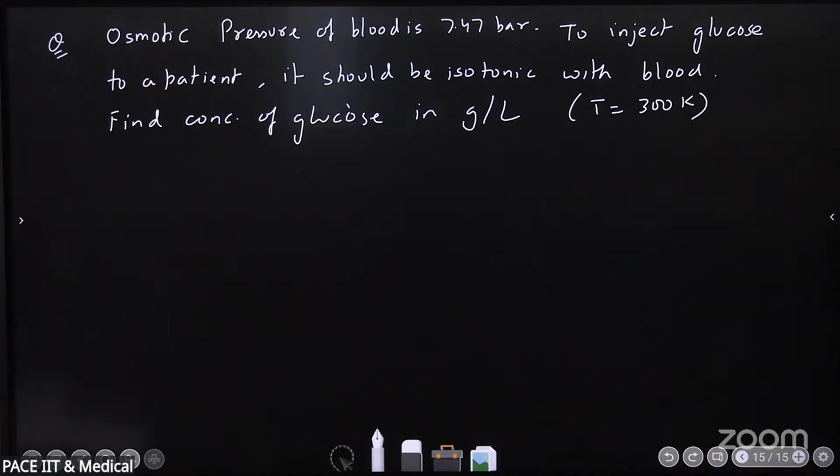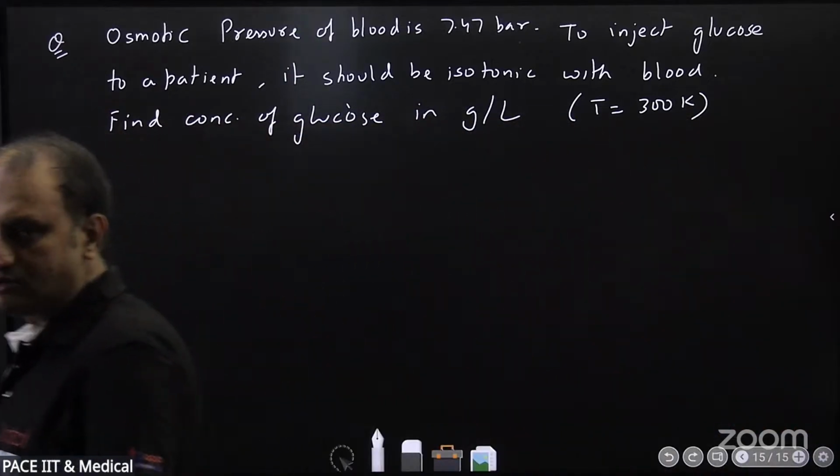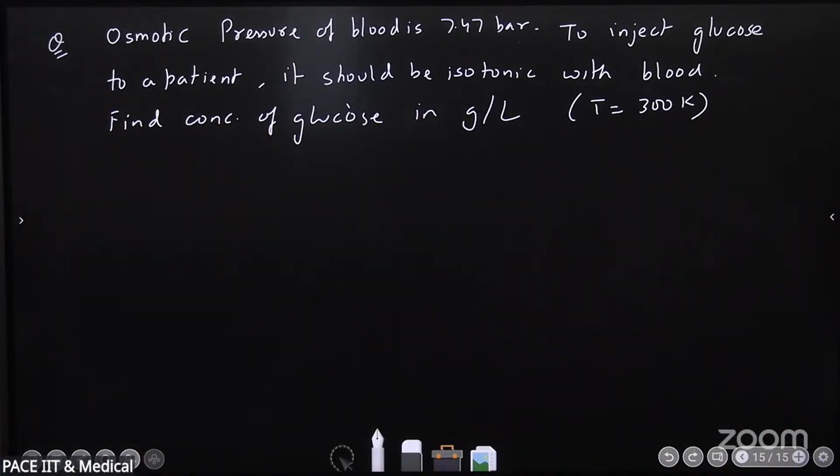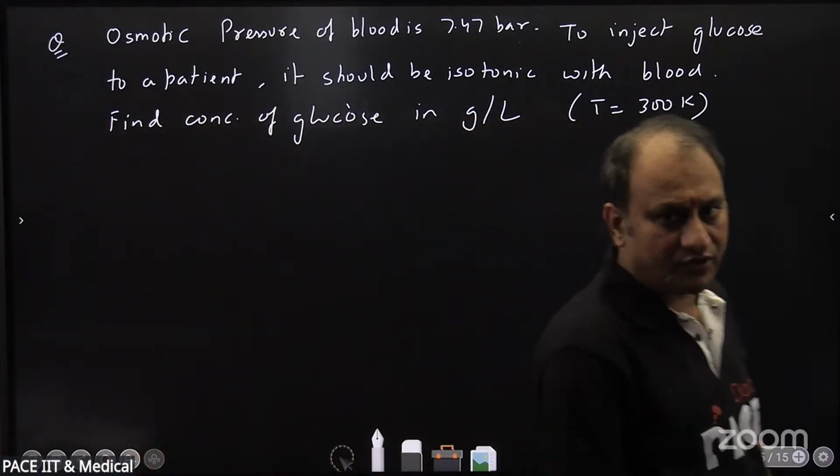Can we do this problem? Now here we need a solution of glucose which is isotonic with blood, meaning their osmotic pressure has to be the same. Osmotic pressure of blood is 7.47.